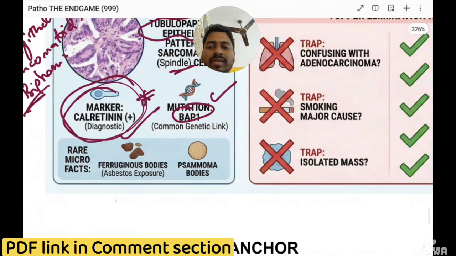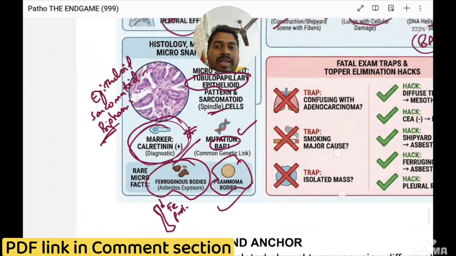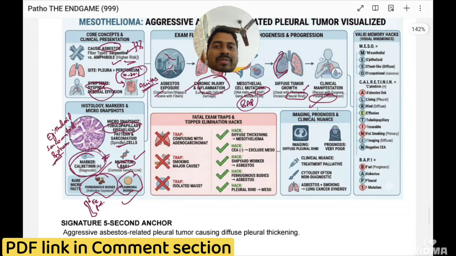Now you know that in asbestosis, these dumbbell-shaped asbestos fibers are there. These asbestos fibers are surrounded by iron and proteinaceous material, which forms bodies known as ferruginous bodies. And very important, in some cases you can also get psammoma bodies in mesothelioma. So don't panic if psammoma bodies appear in mesothelioma.